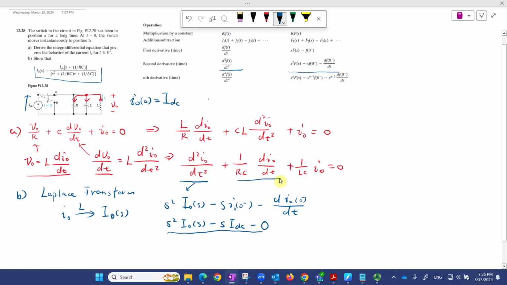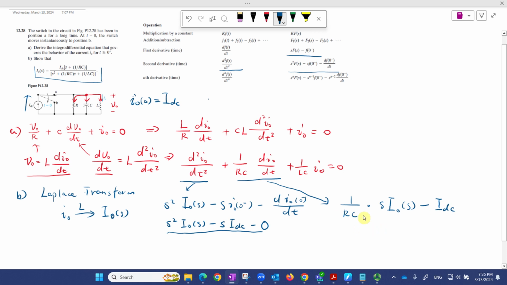Now for this term, we have dI/dt, and we get this one. So it's 1 over SC multiplied by s I0(s) minus the initial current, which we just found is IDC.